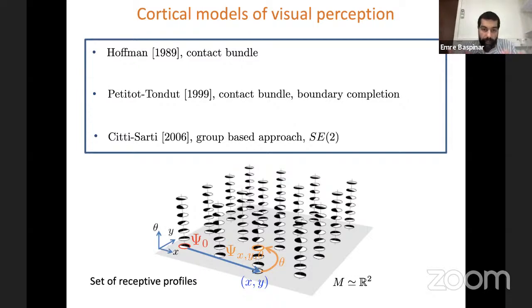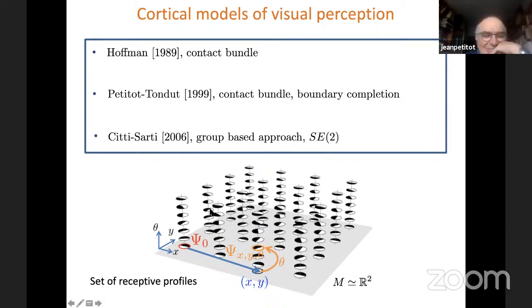And in this contact bundle structure, they provided a boundary completion approach. Moreover, they provided a geometric interpretation of the association fields, which were reported by Field, Hess and Hayes as the psychophysical representations of the neural connections which are biologically implemented in the primary visual cortex.